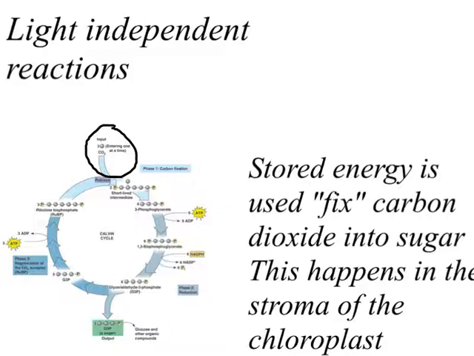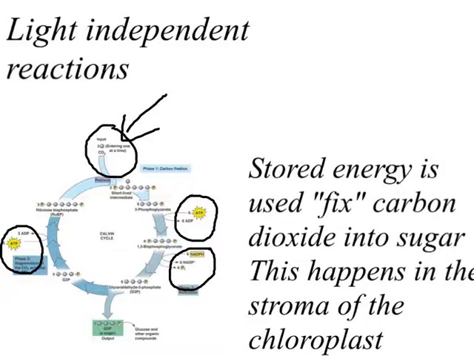But if you'll notice, as it goes around this cycle, the thing that's pasting the carbons together are those energy storing compounds that came from the light-dependent reactions. So the energy that you stored earlier is being used along with the CO2 to put the CO2s together one by one, arranging and rearranging them until eventually glucose is produced.